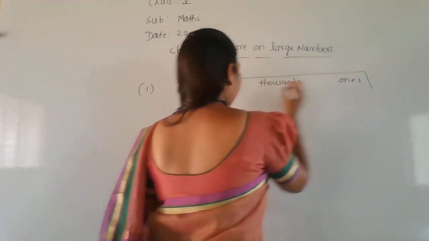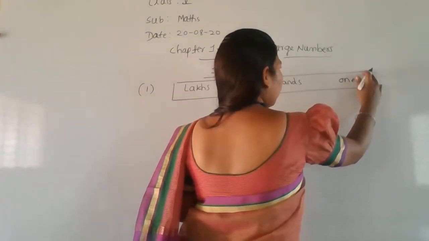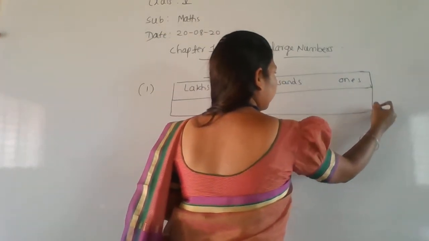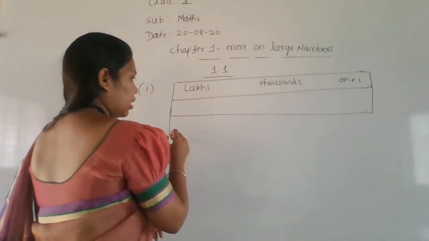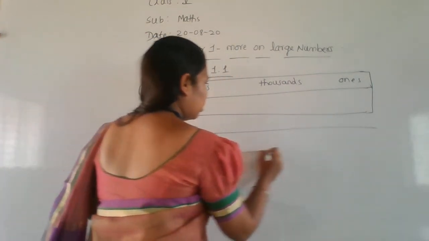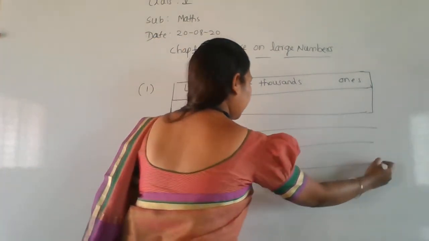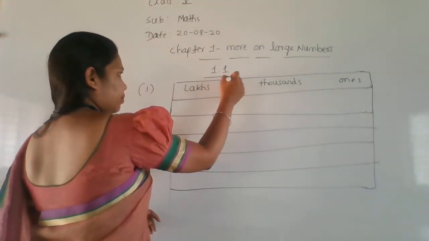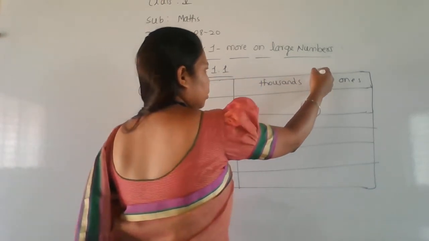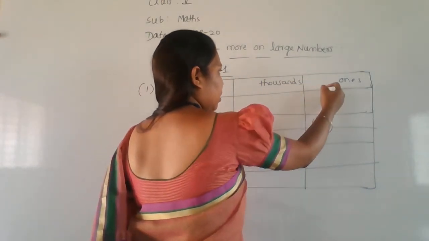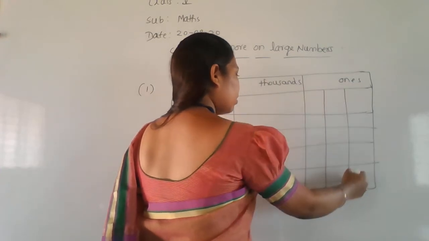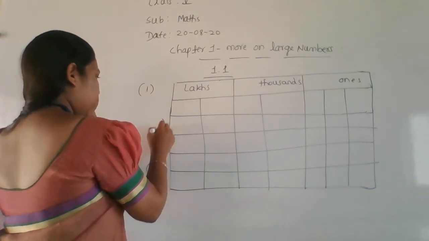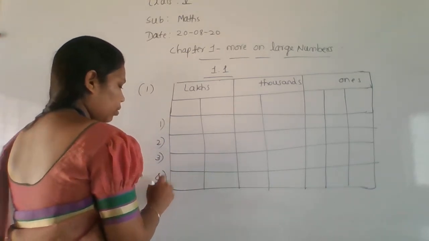In that place value chart you have to draw using a scale only. Here 1, this is the 2, here is the 3, and here is the 4th value. Three columns will come here, and here 2, and here also 2. So this is the first problem, second, third, and here the fourth.